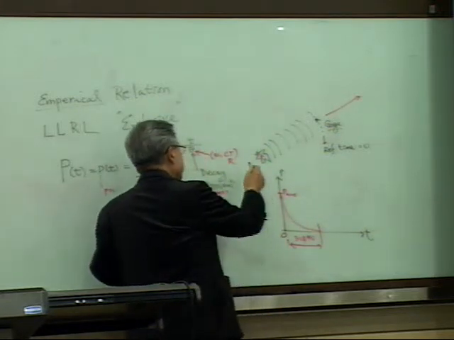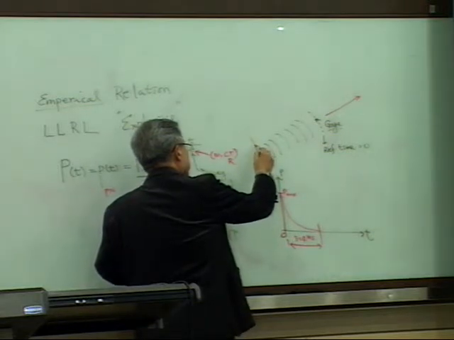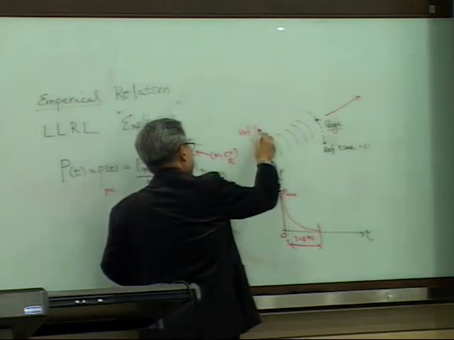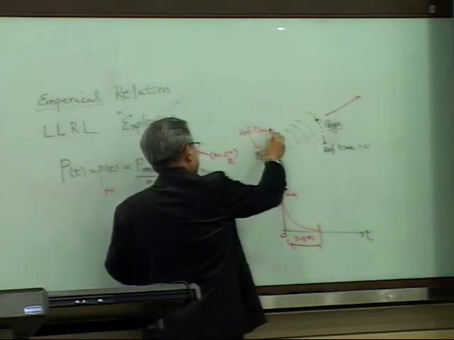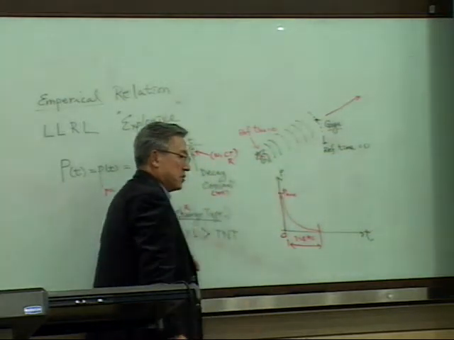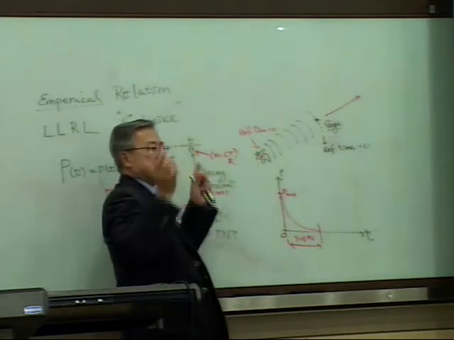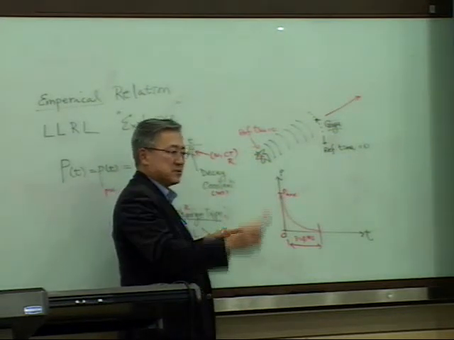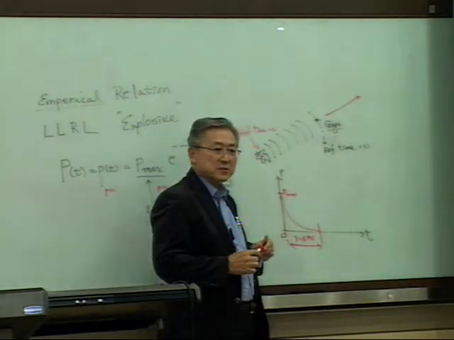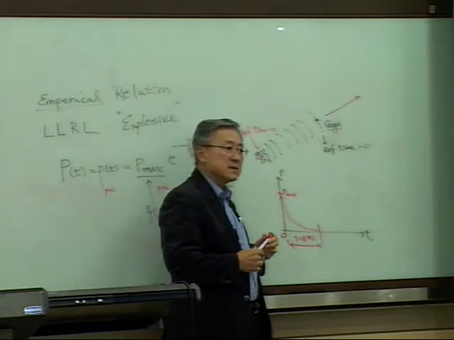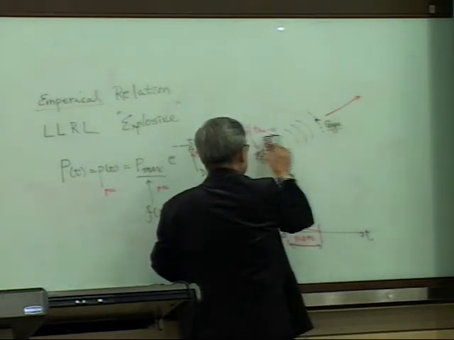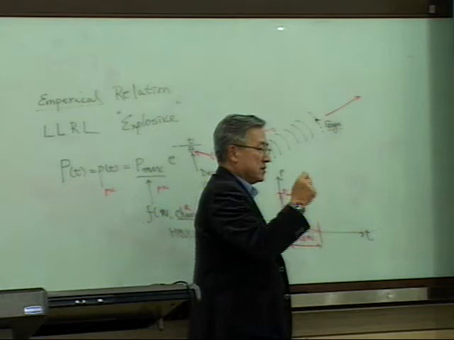But what happens if you want to set the reference time equal to 0 as the time of explosion? When detonation occurs, I'm going to start to count t equal to 0 rather than t equal to 0 here. You follow me, right? So I'm going to count this reference time right here, when it explodes.